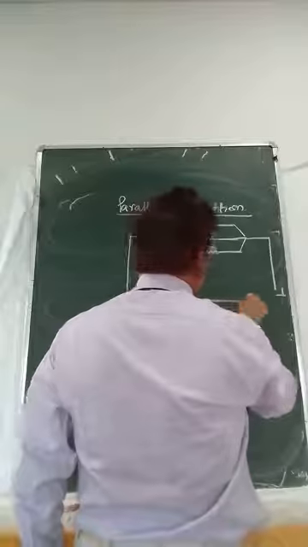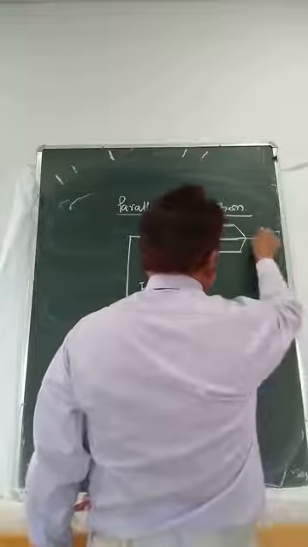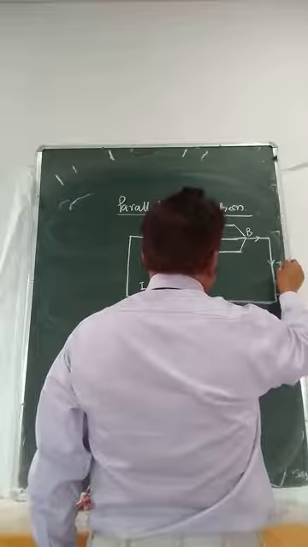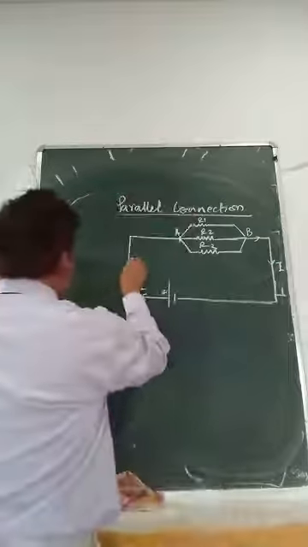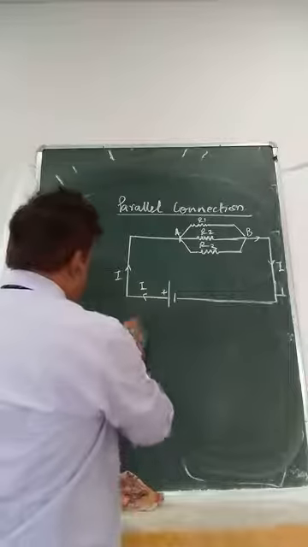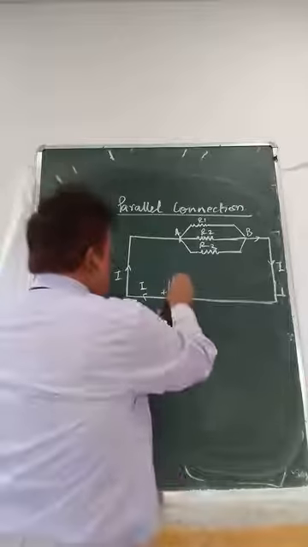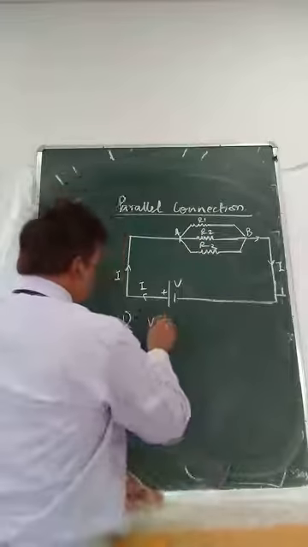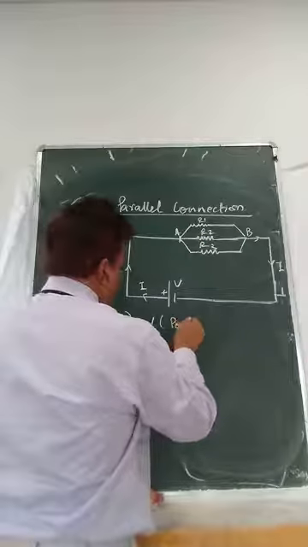Now they will be joining here. This is the point B, and the outgoing current is I. I is flowing here. But what is the first point? The potential which you are applying between these 2 points remains the same. So V will be the same.